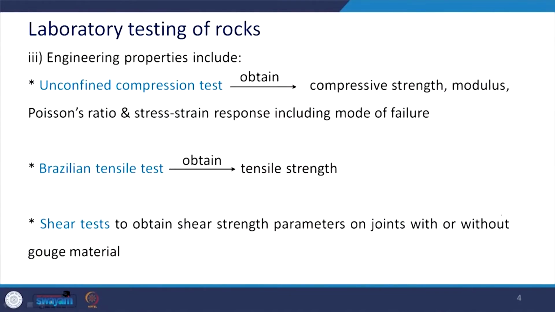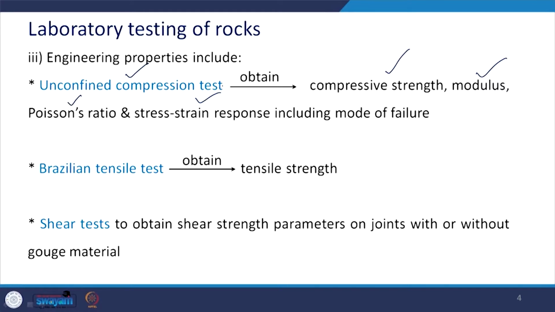Now, the engineering properties of the rock include the testing towards the determination of the engineering properties. The first one is the unconfined compression test. Conducting this test, we can obtain the compressive strength, modulus, Poisson's ratio and stress strain response, including the modes of failure.